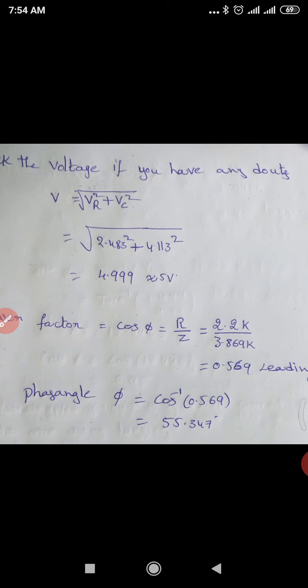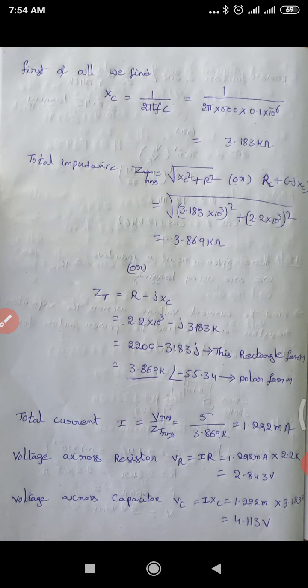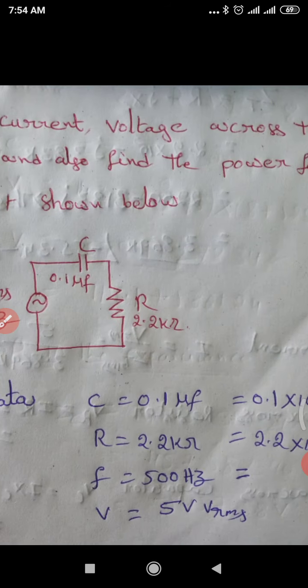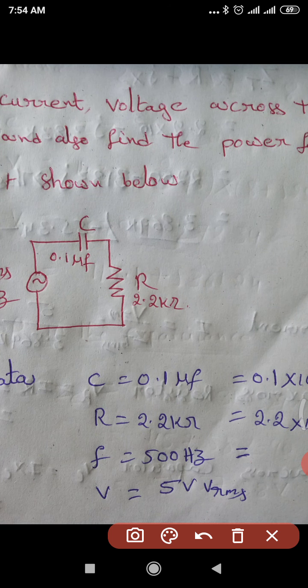One of the things we have to remember is, first of all we have to check what is given in the problem. Is it C or XC? If C is given in the problem, then we have to find out the XC. Sometimes they give XC directly. In that situation there is no need to find XC separately, because it is given directly.